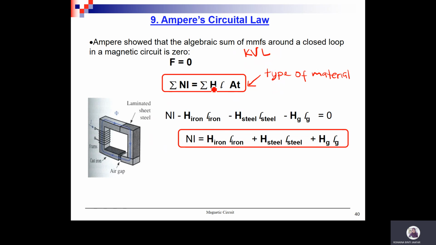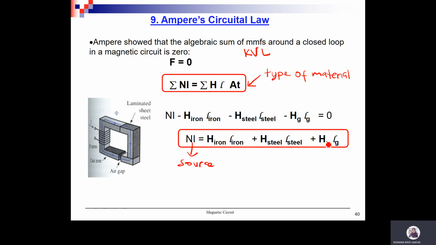From this equation, total of Ni equals total of HL. Ni is at your source, where N is the number of turns and I is the value of current supply. Now you have 3 types of material, but for Ni you only have one source. For total of HL, you have 3 materials here.